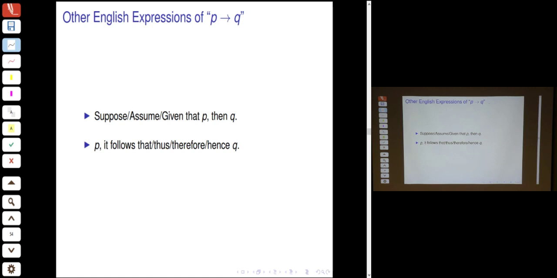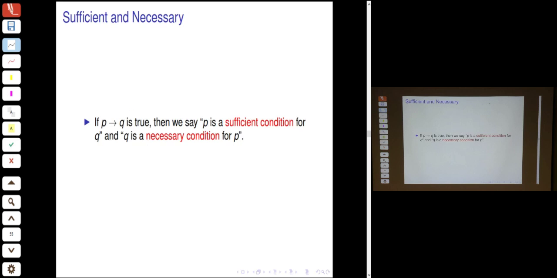Or people use thus, therefore, hence Q. It all says the same thing, if P then Q. Okay, then you would see if the P arrow Q is true, then sometimes you have other names. These are from historical reasons, because logic is an ancient study. So through the 1,000 years, people have lots of names for the same thing. People say that P is a sufficient condition for Q, and Q is a necessary condition for P.